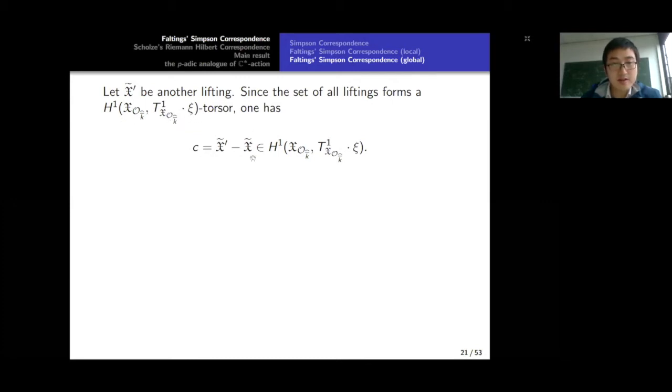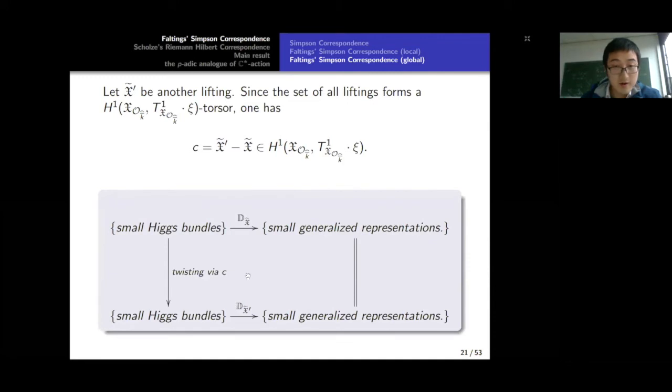So the difference is just an element in this cohomology group. And then for different choices, we get different functors that are related by this commutative diagram. And the left-hand side map is just defined by twisting via this class C. Okay.